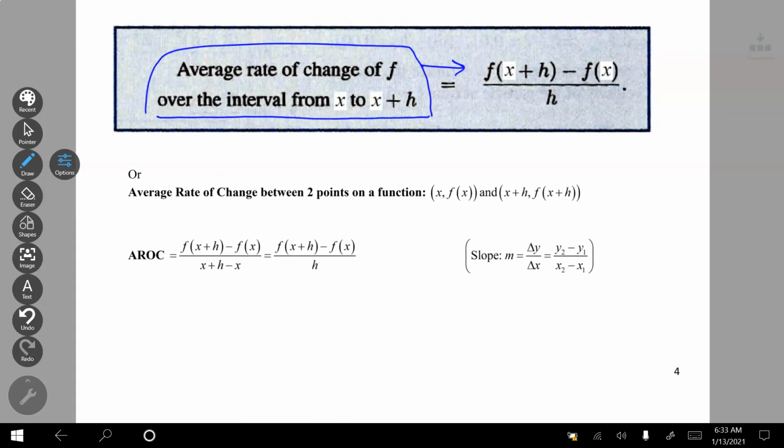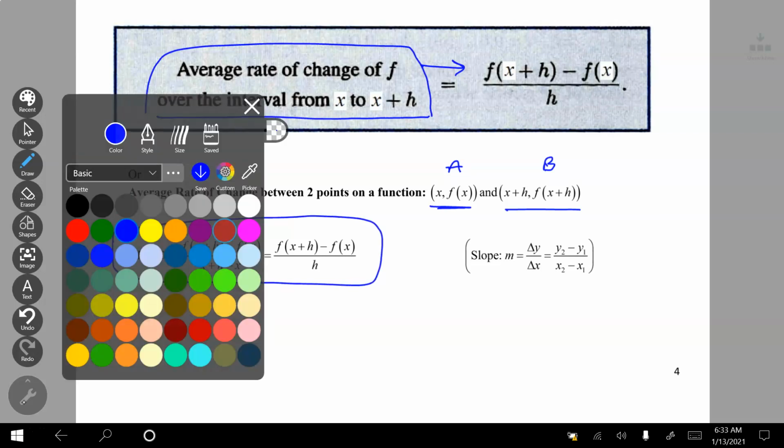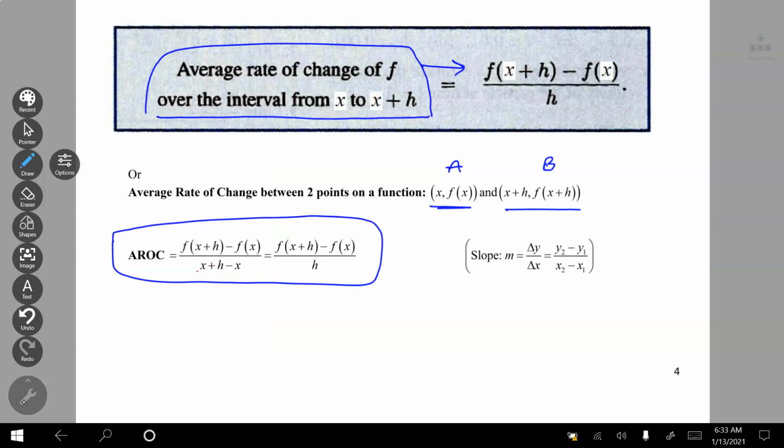So to expand it any more, these are my 2 points on the graph. This is where point A is at. This is where point B is at. So right here, this is the formula I'm going to use. And you can see in the denominator right away that these x's will cancel, and I really just use this formula in general.